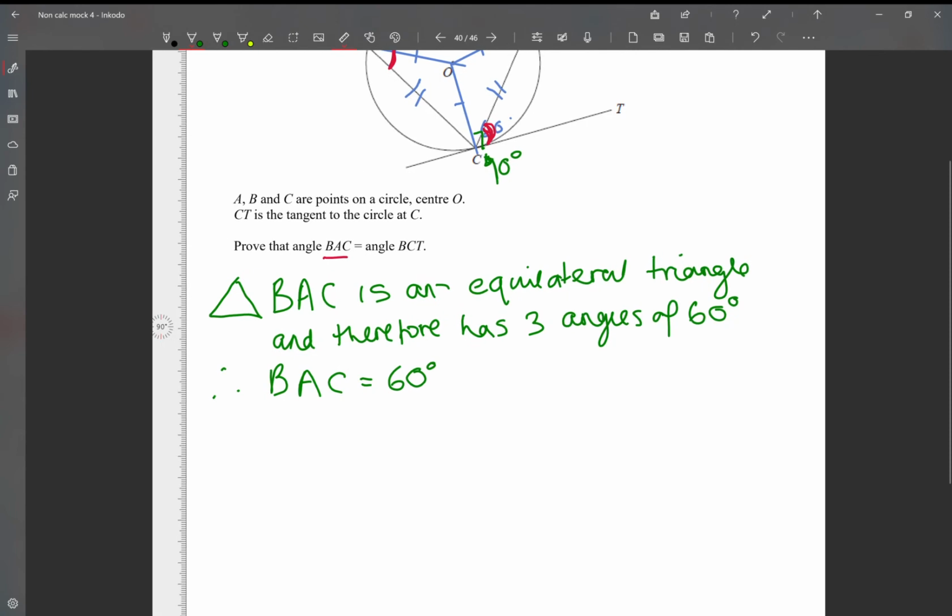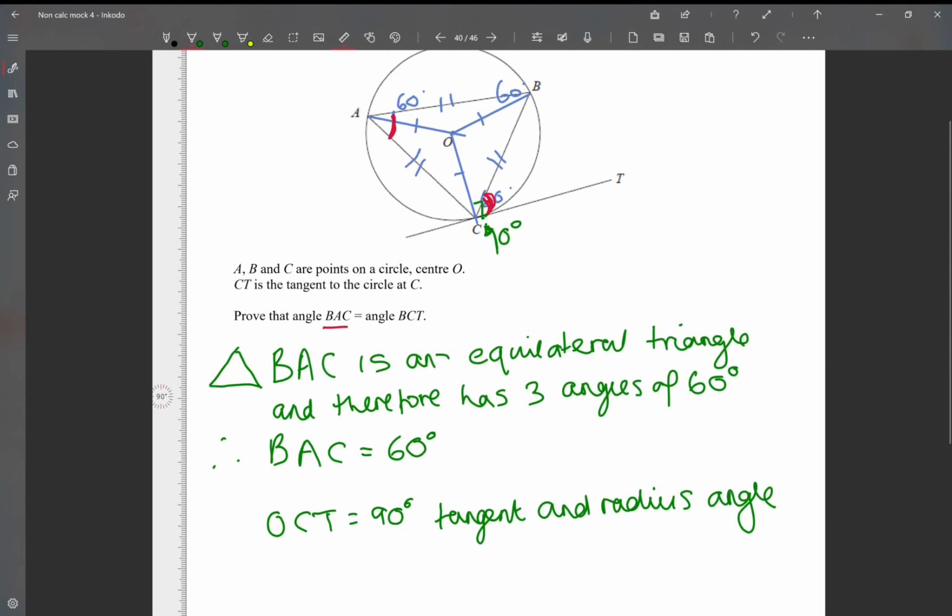Now what we need to think is, how do we know that this is also 60? Well, if we say that OCT equals 90 degrees, and that is because of tangent and radius angle. So we know that that is 90 degrees.